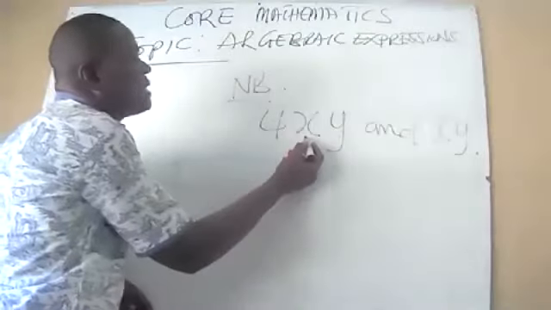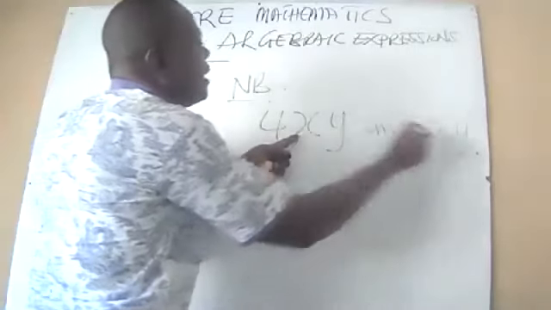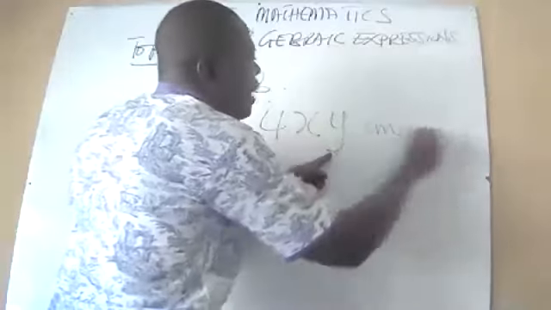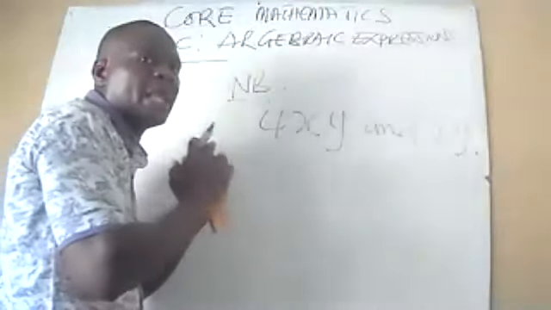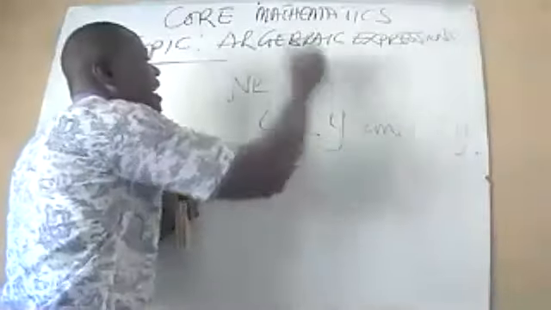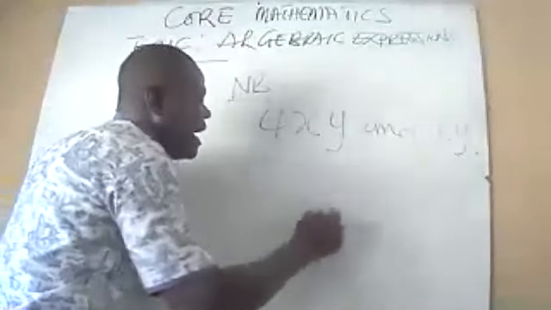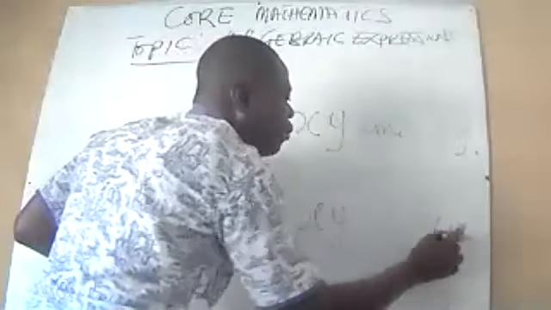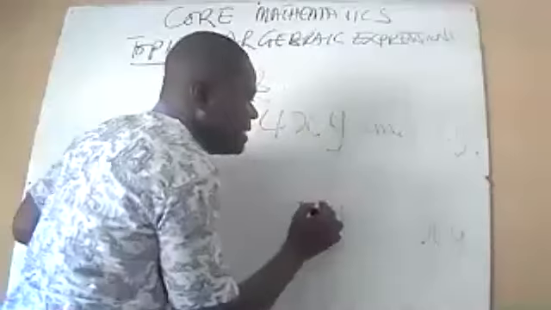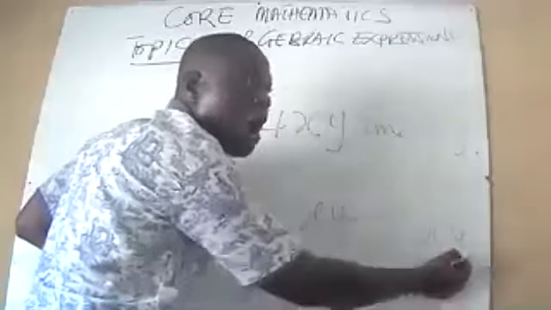Now you realize that this is x variable and this is x variable. Y and y, they are multiplying, they are paired, they are together. So we can treat the whole of this as a unit. So this xy is a unit, and we have another one here, xy, which is also a unit. The x can be compared to the x and the y to the y.